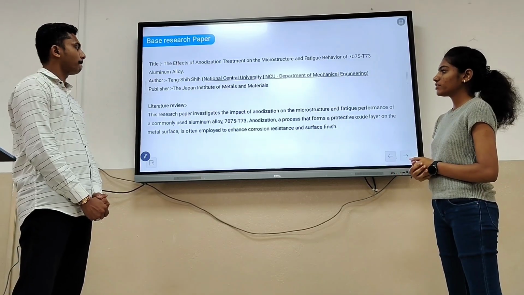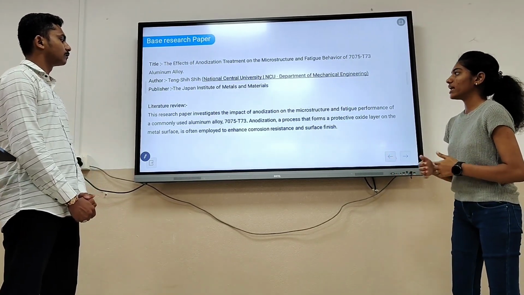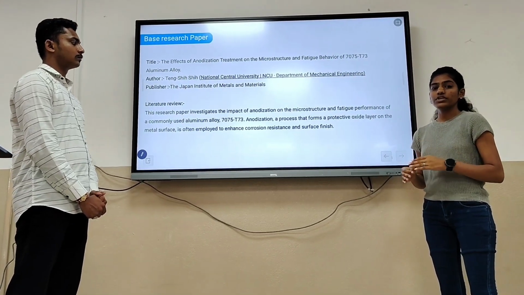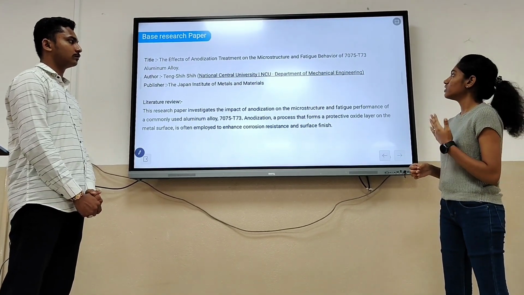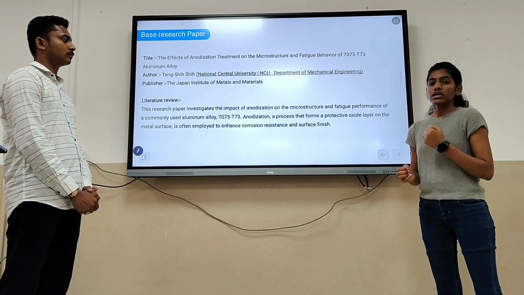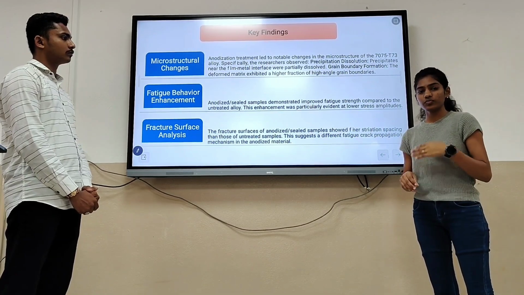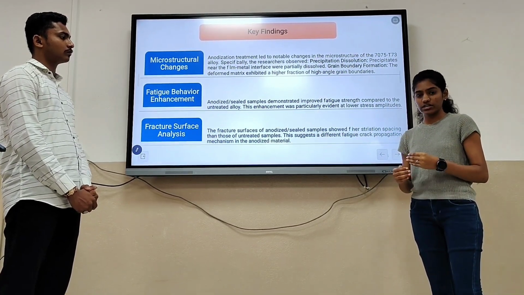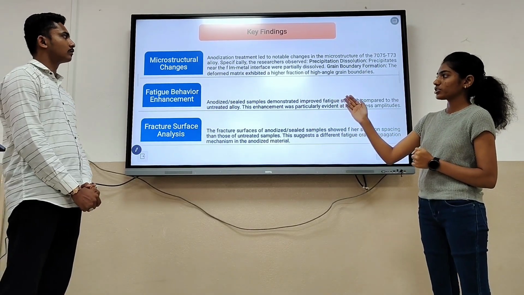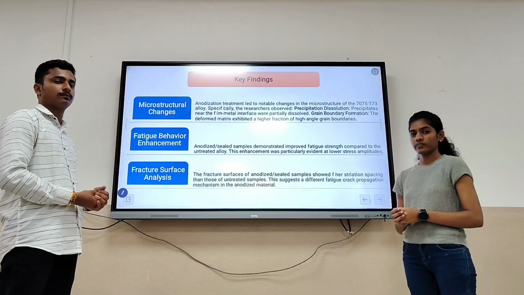In this research paper, they take the aluminum alloy 7075, which is heat treated to T73. They perform anodization on this alloy, and then check the microstructural changes, fatigue behavior enhancement, and fracture surface analysis.